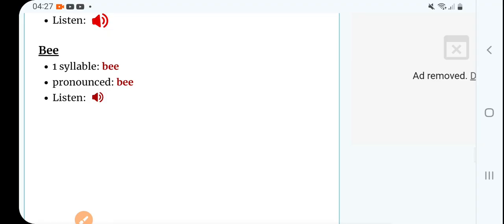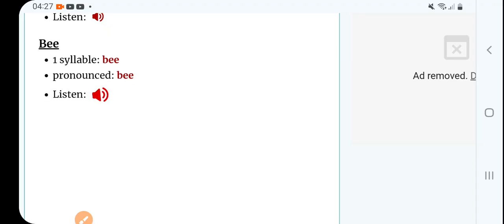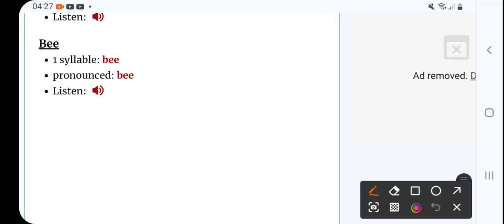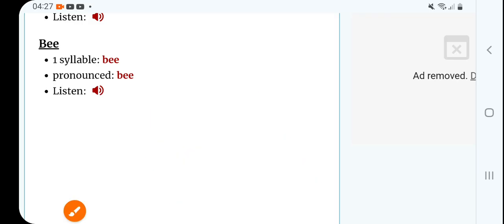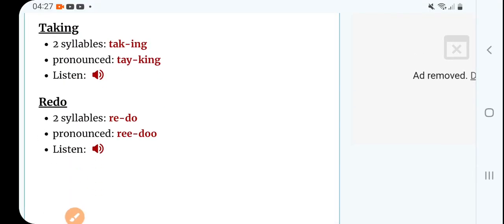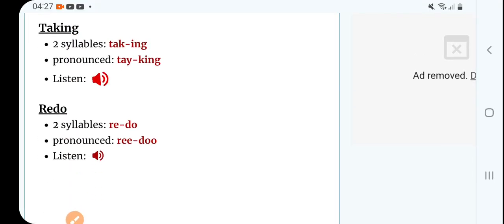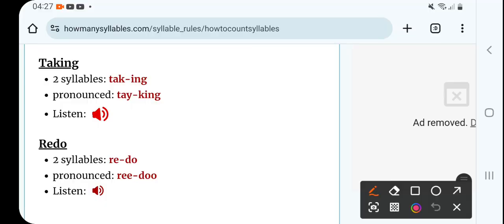Number 2, be. So that's a be, B. Actually this sound is like this. That's a B. Now, taking. Taking, right?